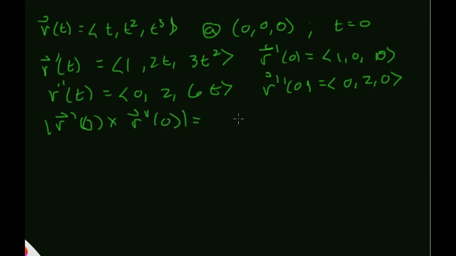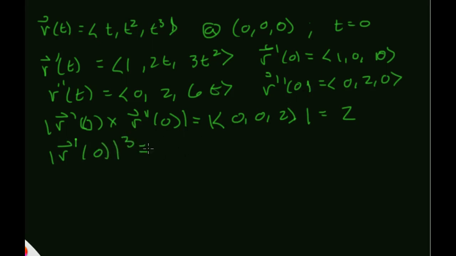Okay, so that means the magnitude of r prime of 0 cross r double prime of 0 is going to be 1, 0, 0 cross 0, 2, 0. And if you do a little bit of computation there, that works out to be 0, 0, 2. So that's my numerator, 0, 0, 2. To take the magnitude of that, I just get 2. The denominator here is going to be the magnitude of r prime of 0 cubed.